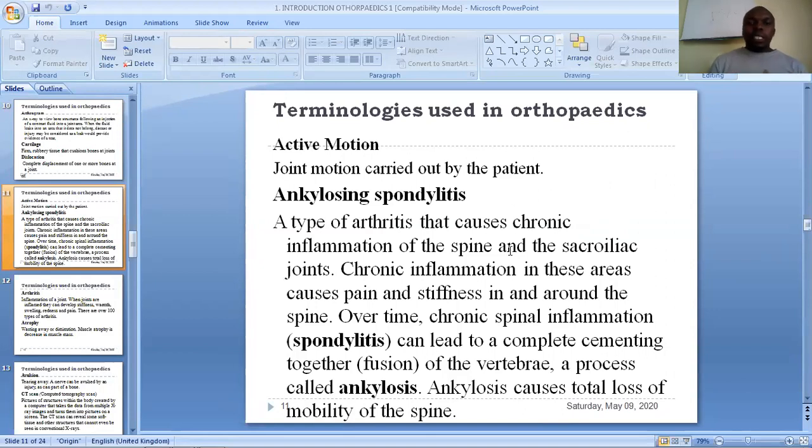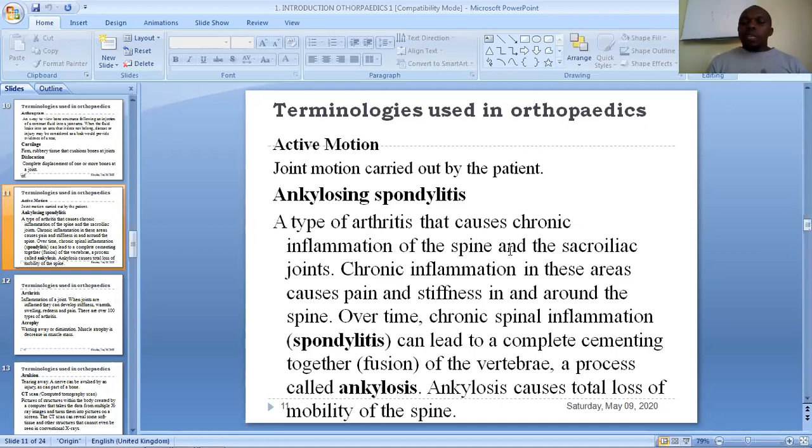The other terminology is ankylosing spondylitis. What is this? It's a type of arthritis that causes chronic inflammation of the spine and the sacroiliac joint. I hope you still remember the sacroiliac joint. Chronic inflammation in these areas causes pain and stiffness in and around the spine.